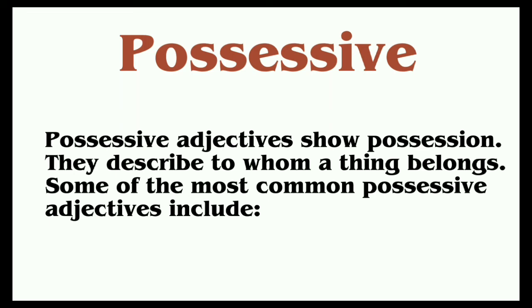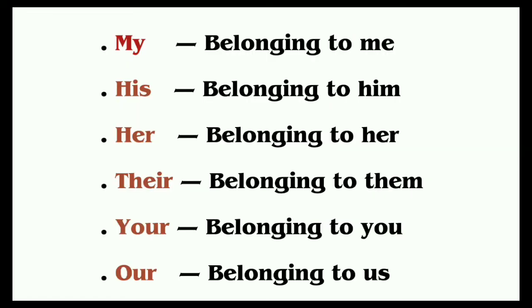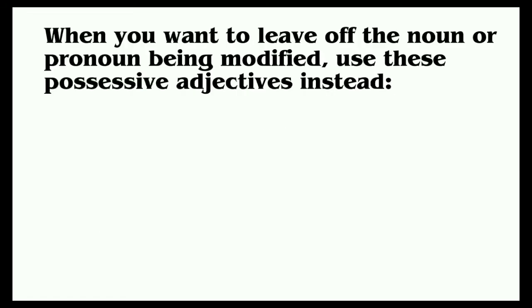Some of the most common possessive adjectives include my, belonging to me; his, belonging to him; her, belonging to her; their, belonging to them; your, belonging to you; our, belonging to us. When you want to leave off the noun or pronoun being modified, use these possessive adjectives instead.